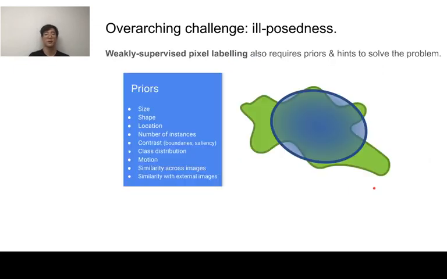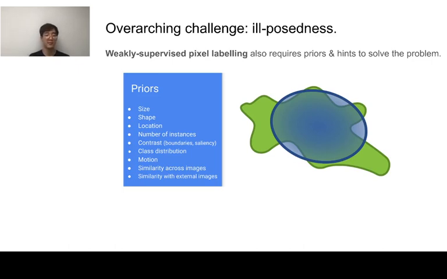For weakly supervised pixel labeling, you also require priors and hints to really solve the problem. What we mean by prior is knowledge that's applicable to multiple images at the same time, independent of the specific instance of the class. For example, there's an overall distribution of size for certain classes, or shape, or location in the image.